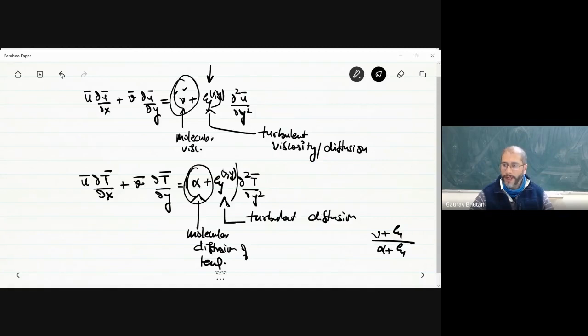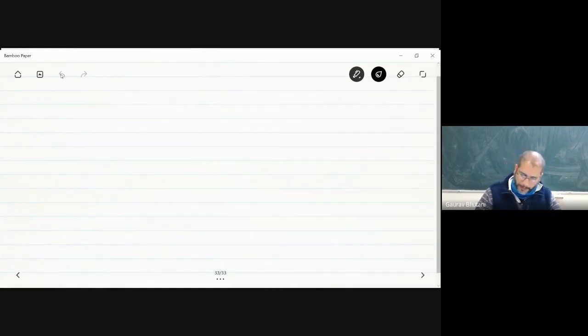And since nu and alpha are much smaller than xi in most of the region of the boundary layer, this ratio is almost close to 1 in most of the boundary layer region, except very close to the boundary. So what that means is that your boundary layers for momentum and temperature in the turbulent region grow identically. Okay. So we'll say that delta is approximately the same as delta T in the turbulent region.